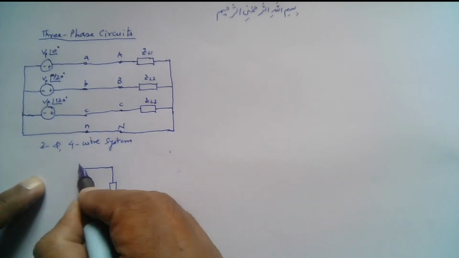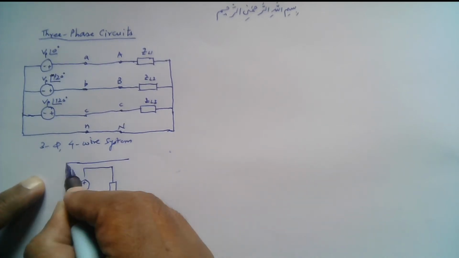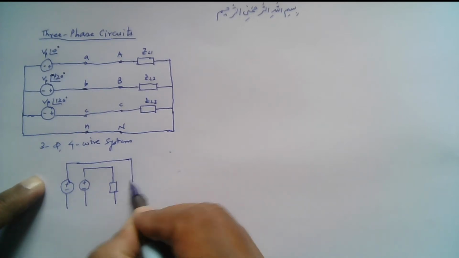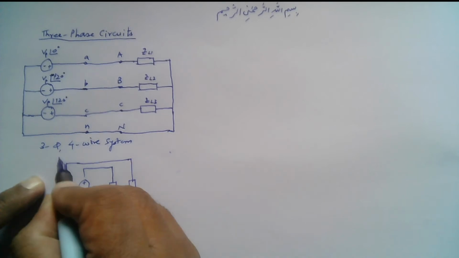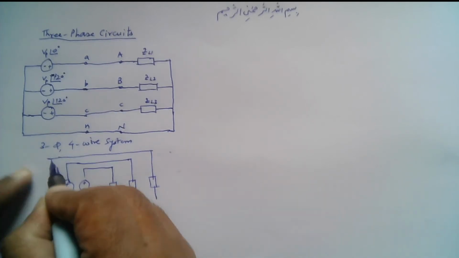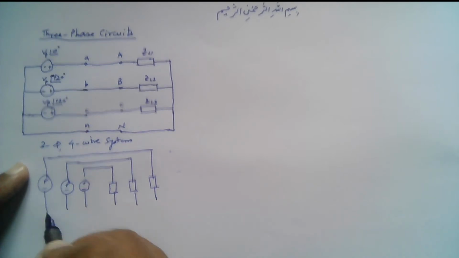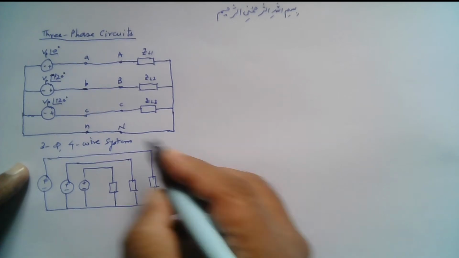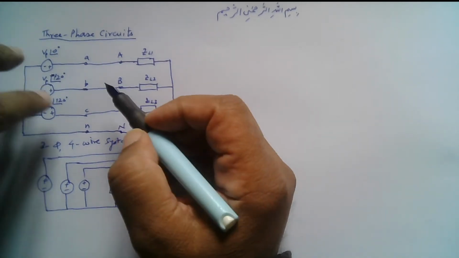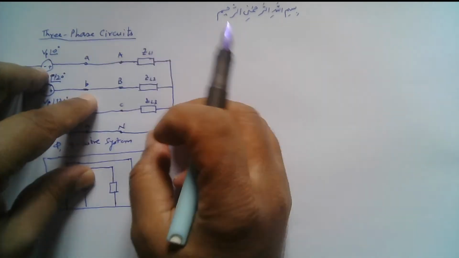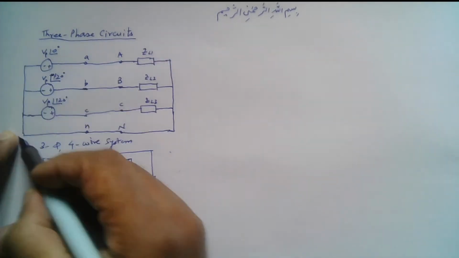And on top of that, the other source can be drawn like that, and then the next pair can be drawn like this, and this can be all connected together. You see from here, what I have done is I have just twisted it like this and twisted it like this, and all these terminals are shorted together, right?